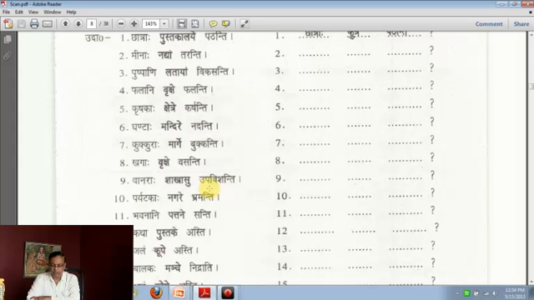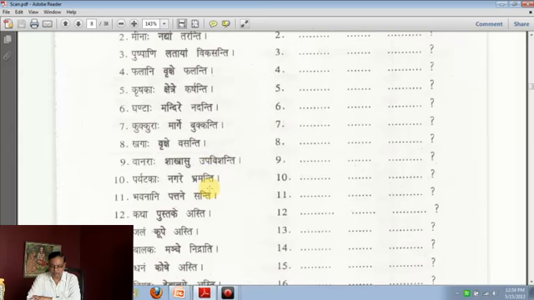Shakhasu is replaced by kutra: Vanaraha kutra upavishanti. Where do the monkeys sit? They sit on branches. Right. Paryatakaha nagare bhramanti. Paryatakaha kutra bhramanti. Paryatakaha nagare bhramanti. The travelers move about in the city.